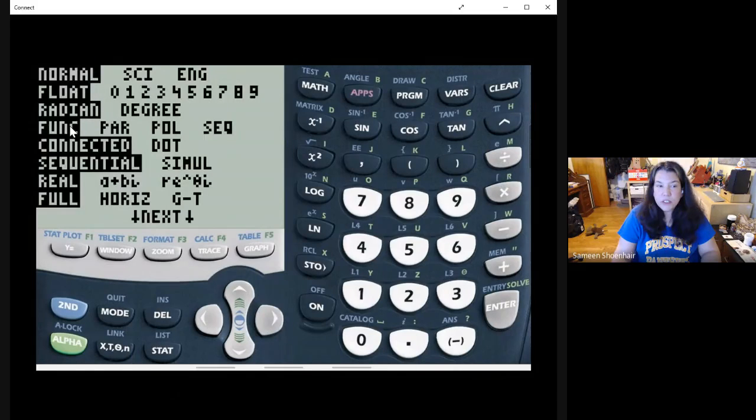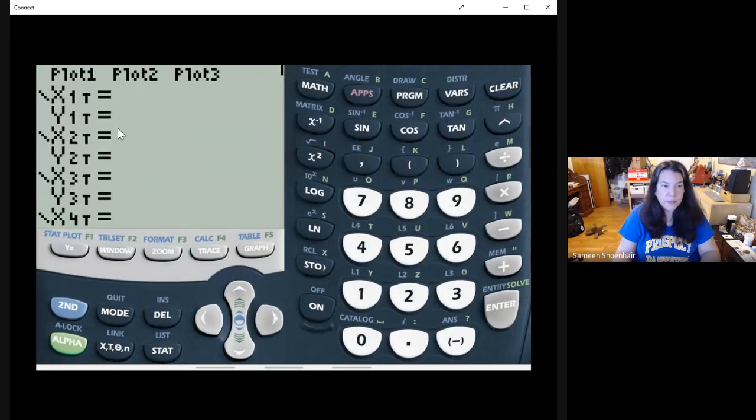We've always been in function mode, but notice there are 3 other modes for the calculator. We're talking about parametric equations today, so I'm going to choose parametric, and notice what happens when I go to y equals now. It all looks different, and it's asking me for the equation for x and y.